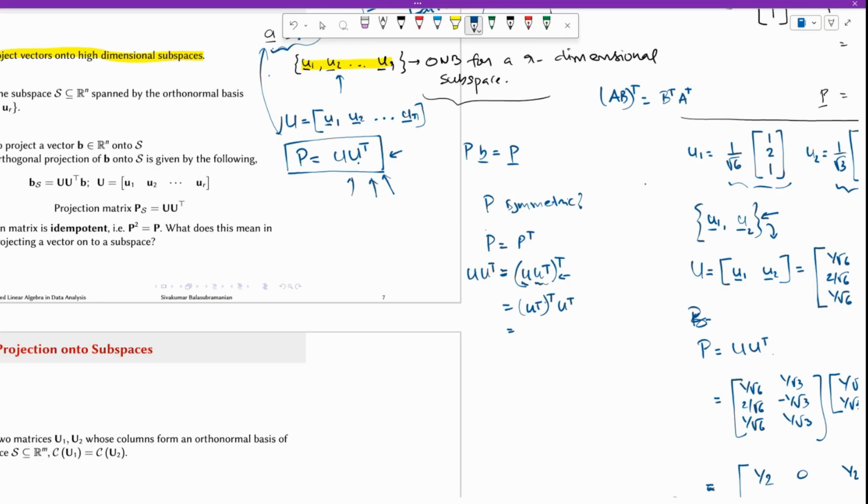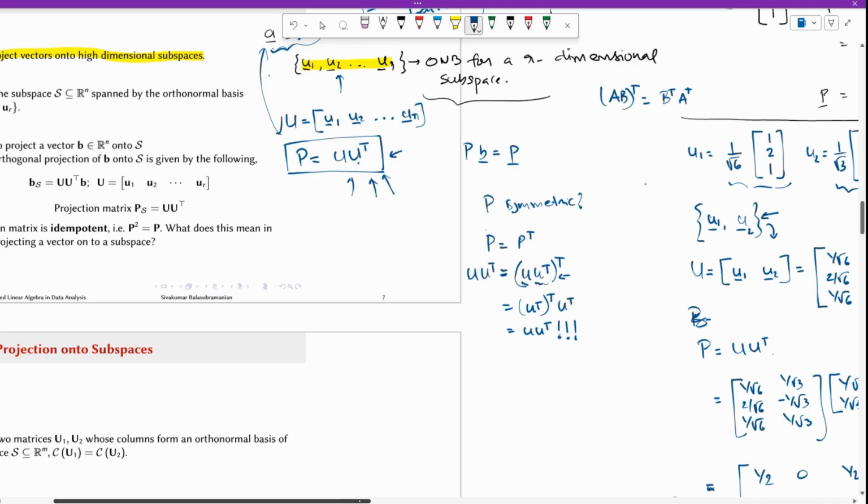What is transpose of a transpose? It's the original matrix. That means P is equal to P transpose. That means it's not a coincidence that the three matrices that we computed turned out to be symmetric. Orthogonal projection matrices are always symmetric.